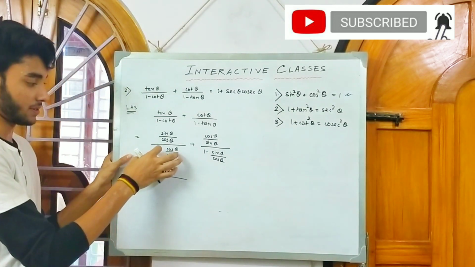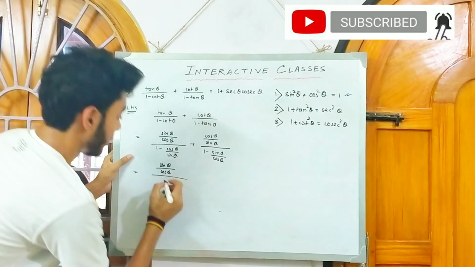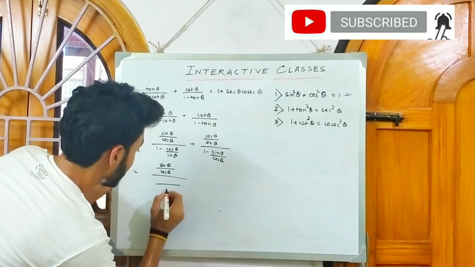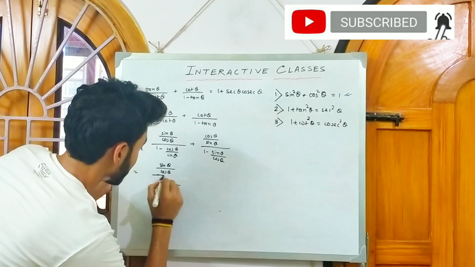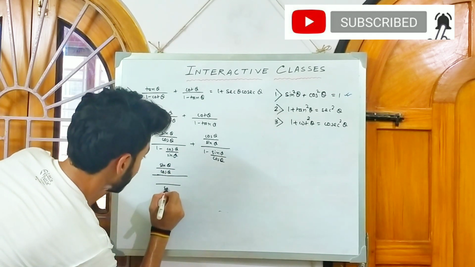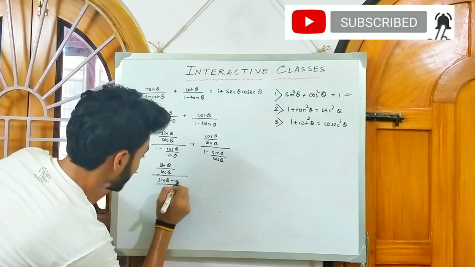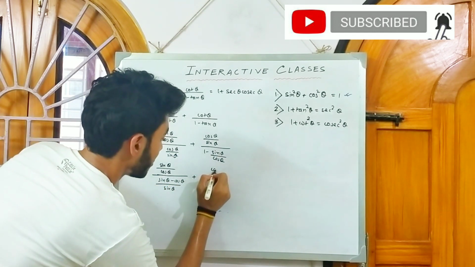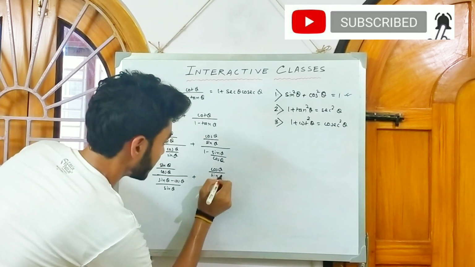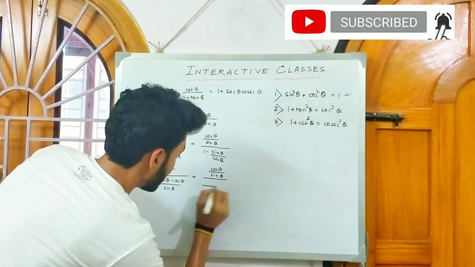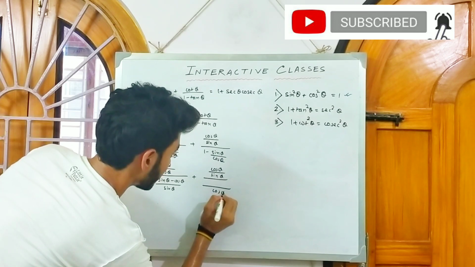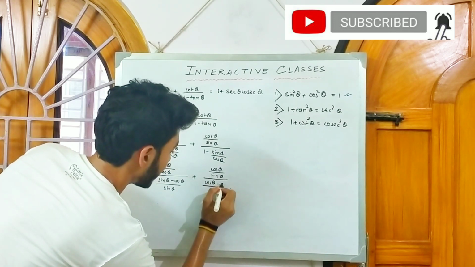Now let us subtract: 1 minus cos theta by sin theta gives (sin theta minus cos theta) by sin theta. Similarly here we subtract and we get (cos theta minus sin theta) by cos theta.